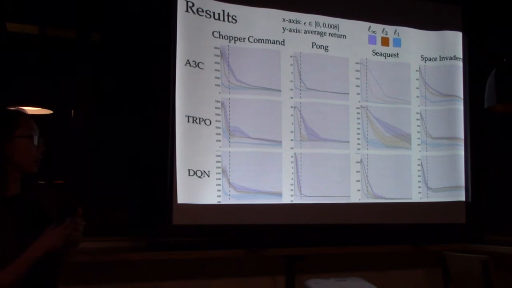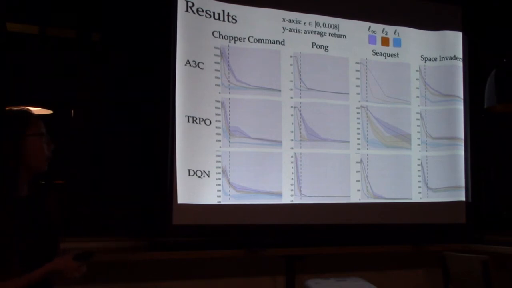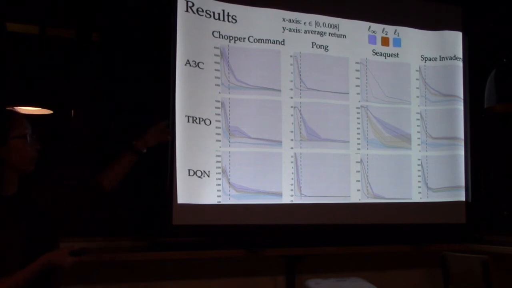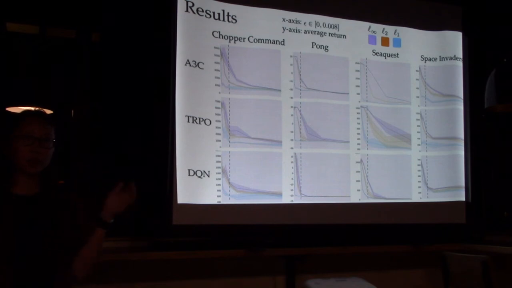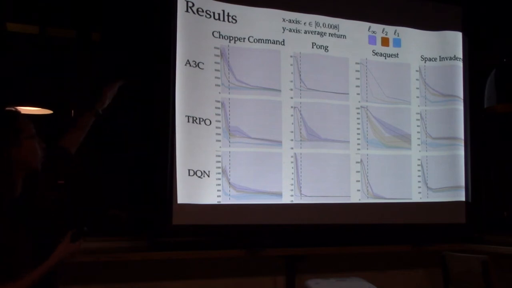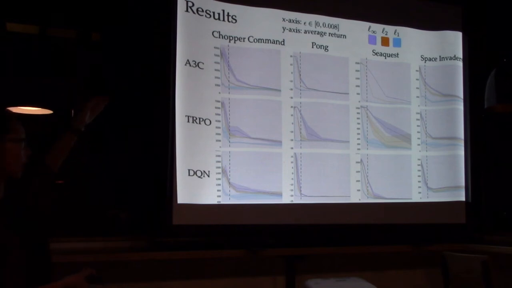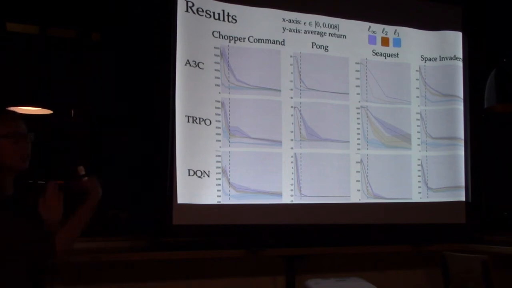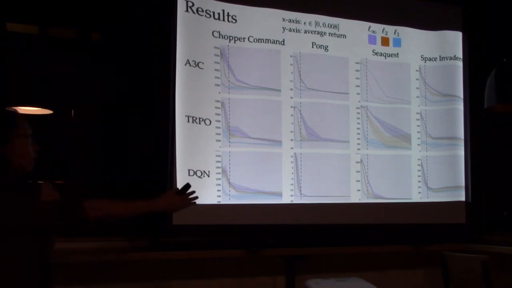Essentially across the board, adversarial examples are quite effective, especially ones where we constrain the L1 norm, so where we get to perturb a very small number of pixels by large amounts. That's the blue curve here. The y-axis is the score of the policy, so higher is better. The x-axis is the level of the perturbation, so farther right means a larger, more obvious perturbation.